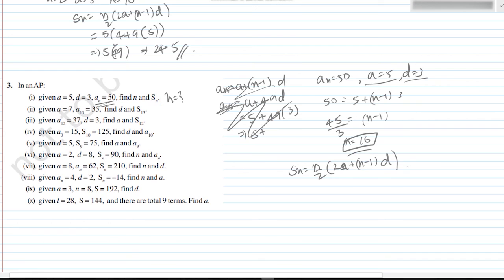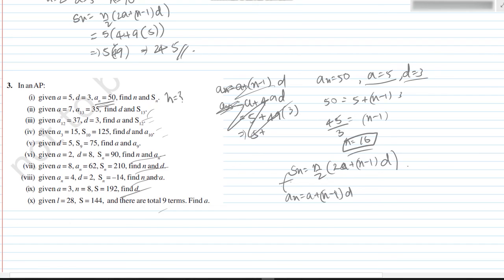Fine. This is the way you have to do it, and substitute the same way. Do for this, do for this, do for this. Here also find n and a, and same thing. Understood? Everywhere they'll be missing any one term or two terms, and you have to find it from this formula or this.